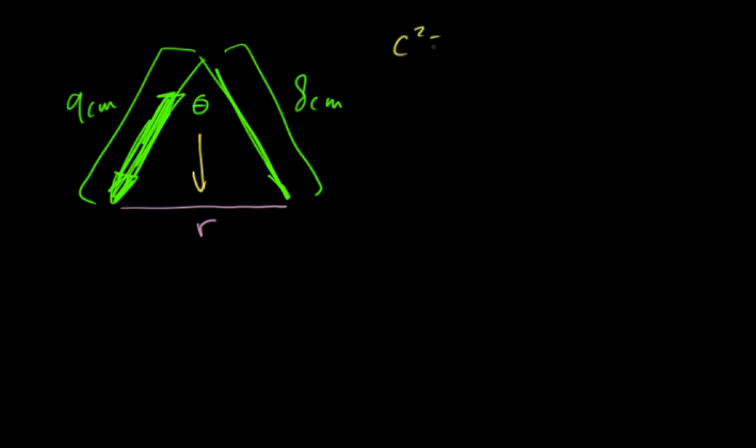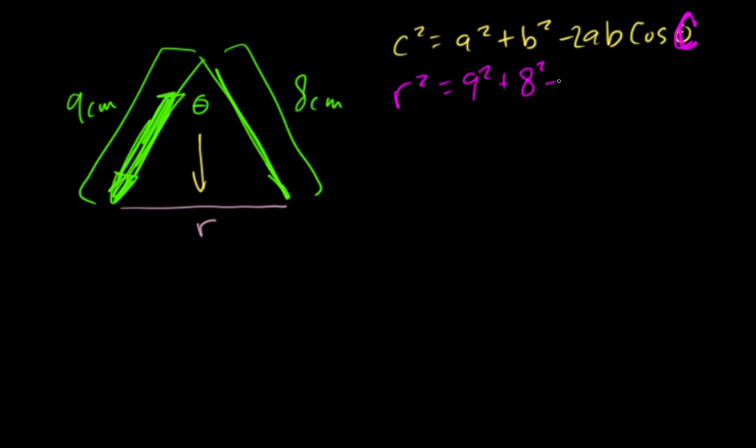Just as a refresher, we're going to get that, I guess, cosine C. Okay, so this is our R, 9, 8, 2 times 9 times 8 cosine theta.